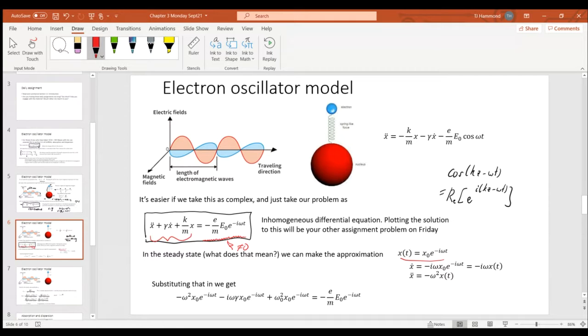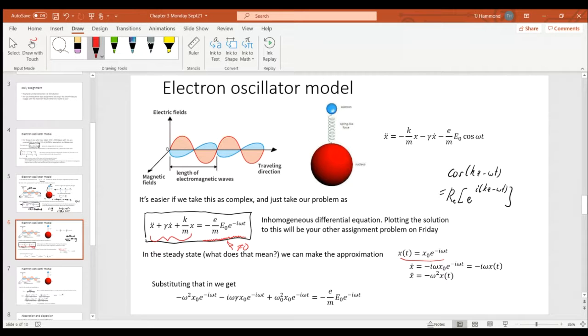Then we take the derivative to get x dot. Taking the derivative gives us negative i omega x naught e to the minus i omega t, equals minus i omega x of t. And x double dot, the second derivative, of course, because we're solving the second order differential equation, is going to be negative omega squared x of t.